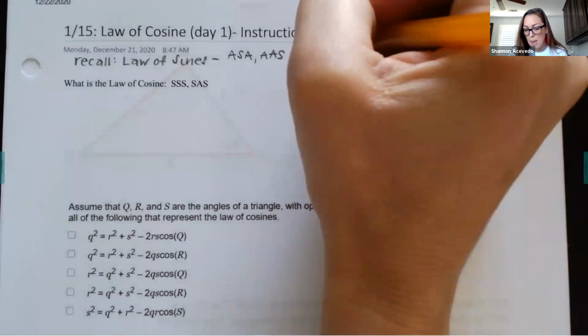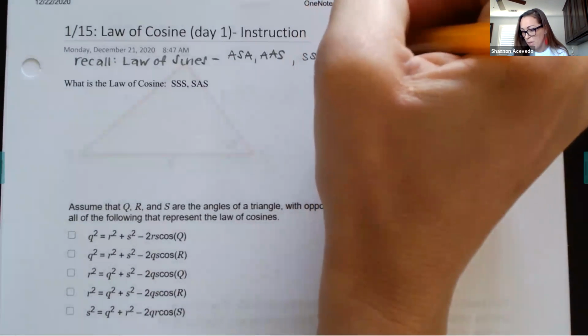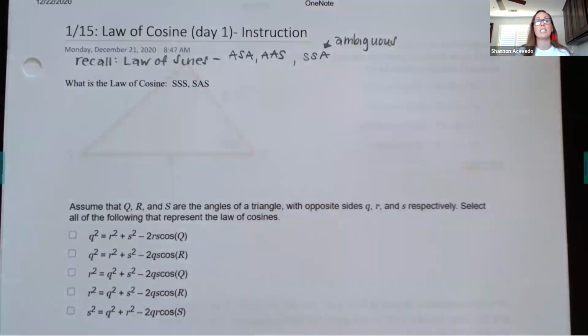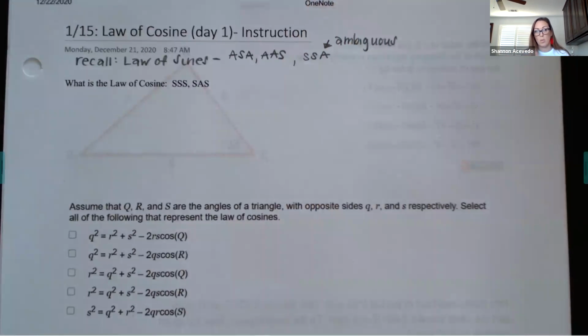This is what they call the ambiguous case because there's different scenarios that go along with that special one. Well, we would want to use the law of cosines if we're given all 3 sides of the triangle, or if we're given 2 sides and the angle that's between them. They call that the included angle.